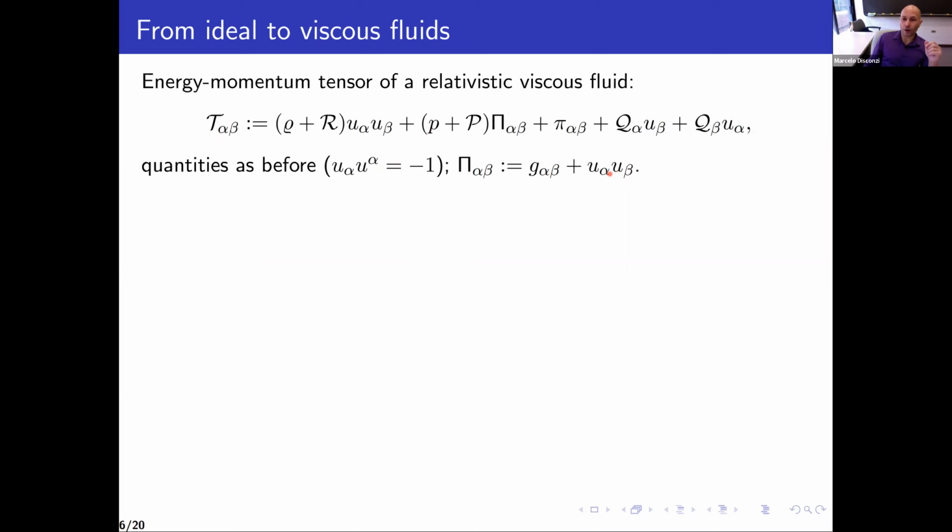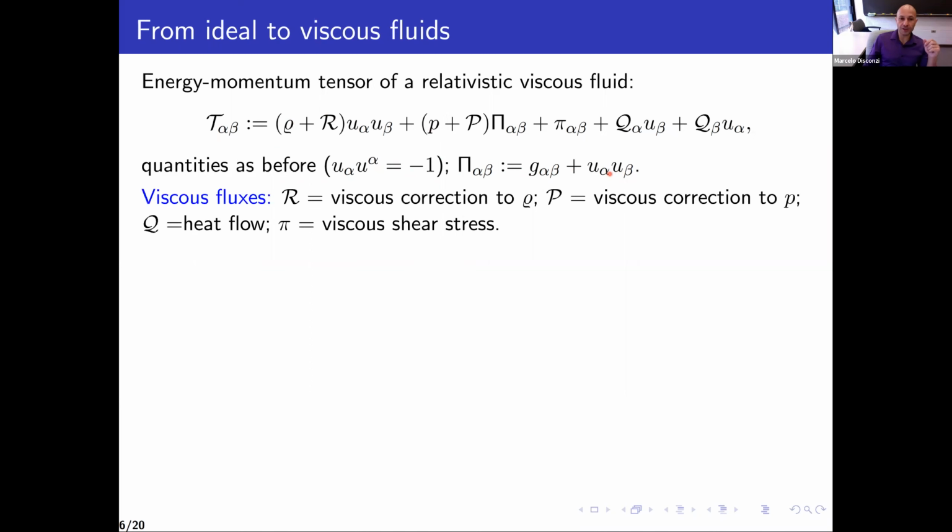But compared to the ideal fluid I wrote before, there are some new quantities, which are the viscous fluxes. These viscous fluxes are the viscous correction to the density, the viscous correction to the pressure, the heat flow, and the viscous shear stress. These are supposed to model all the viscous contributions to our fluid.